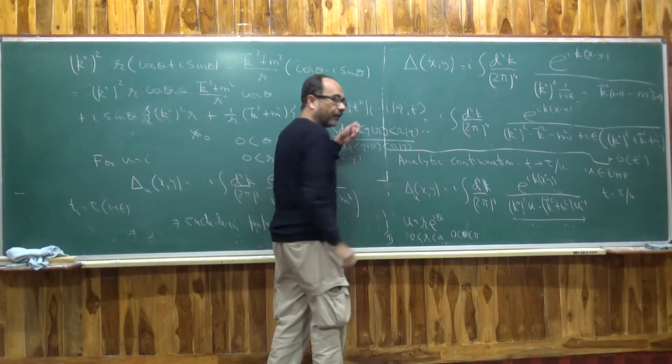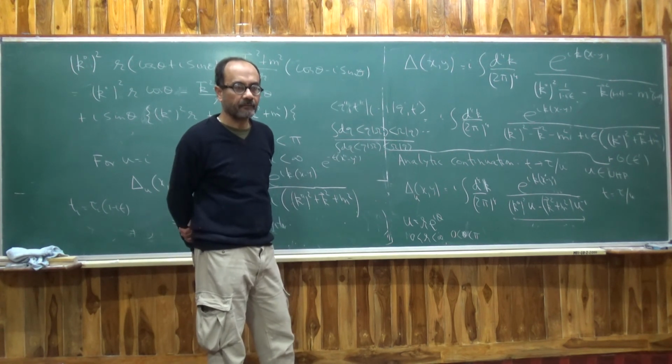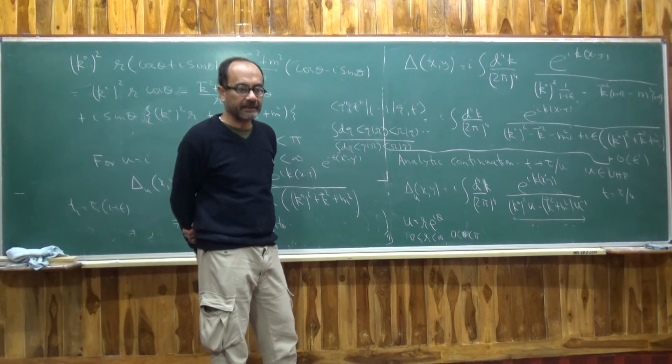As long as you do the same operation both in the numerator and denominator, this will disappear. That's why in the time boundary you don't worry too much about what boundary condition you are putting.